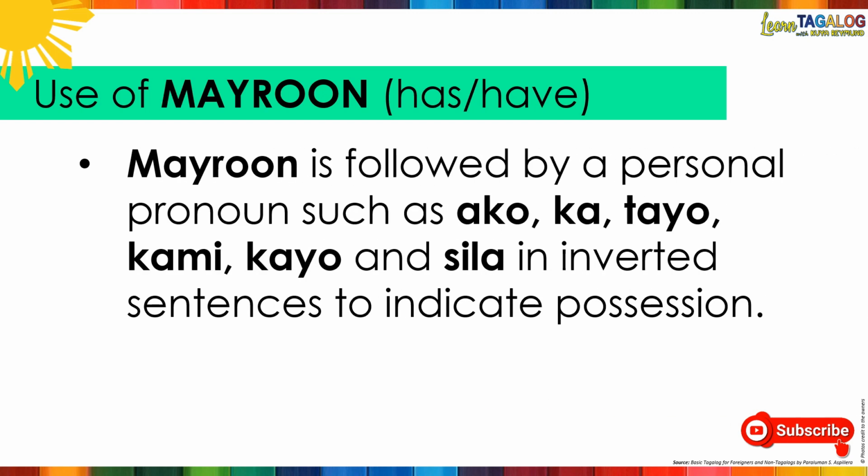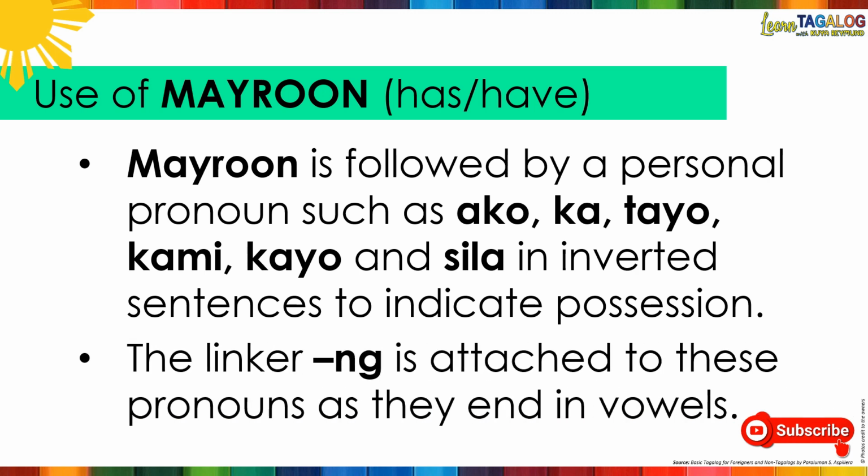Another use of meron means has or have in English. And another thing to remember is that meron is followed by a personal pronoun such as ako, ka, tayo, kami, kayo, and sila in inverted sentences to indicate possession. And the linker ng is attached to these pronouns as they end in vowels.